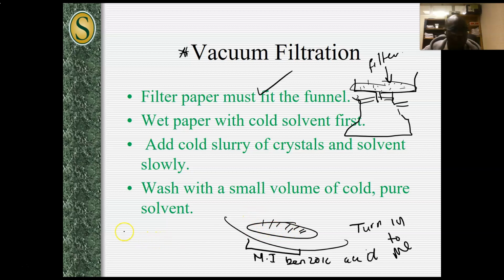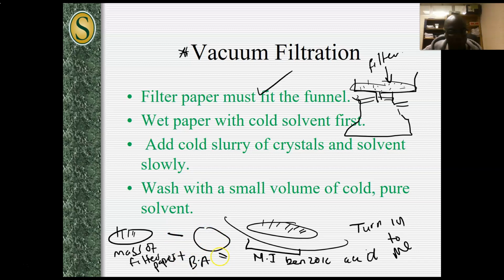Then you'll subtract. Remember, you weighed the filter paper. After we weigh it when dry, this is gonna be the mass of filter paper plus benzoic acid. You subtract the mass of filter paper by itself, the answer will be the mass of benzoic acid crystals.